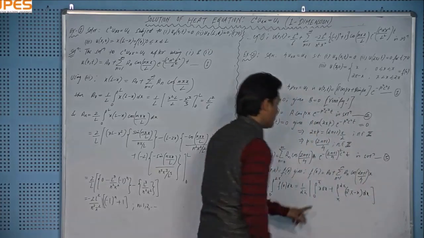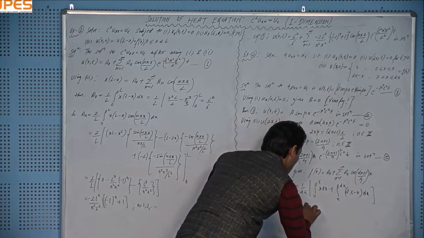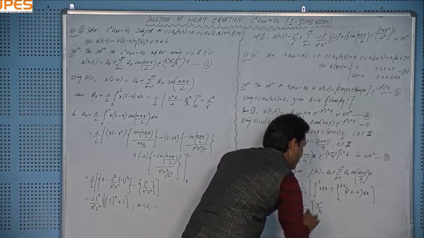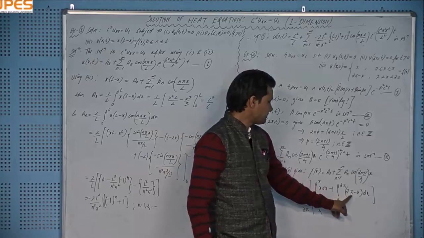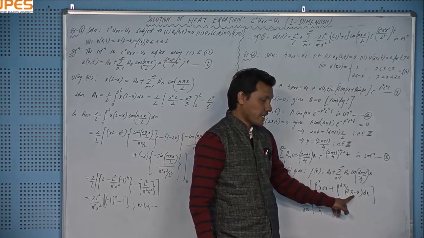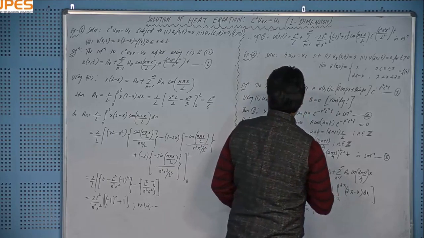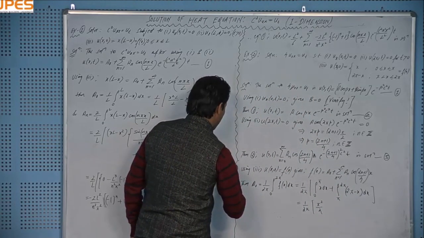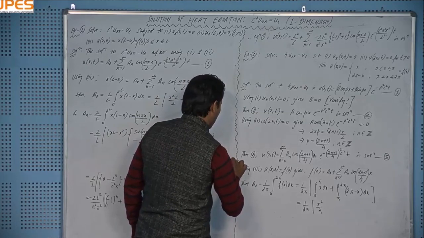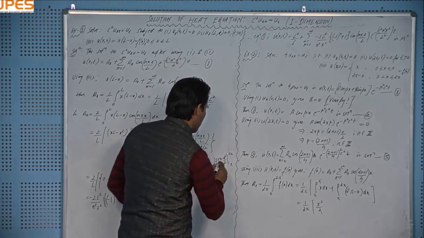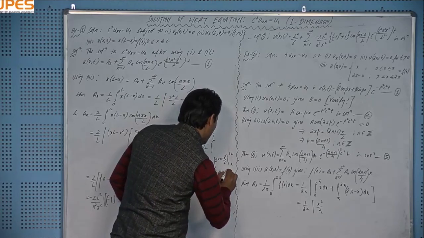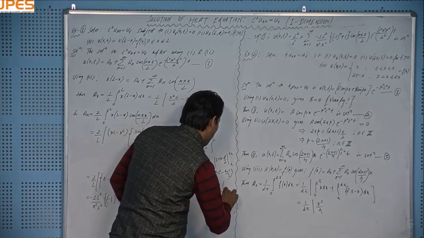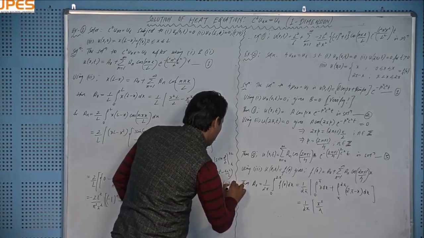And now I have to integrate this. Integration will give 1 over 2 pi times x square by 2, that is pi square by 2, and the integration of this will give me 2 pi x minus x square by 2. On putting limits, if I put 2 pi here, this will become 4 pi square minus 4 pi square by 2 for the upper limit, minus the value at pi, that will give me 2 pi square minus pi square by 2.